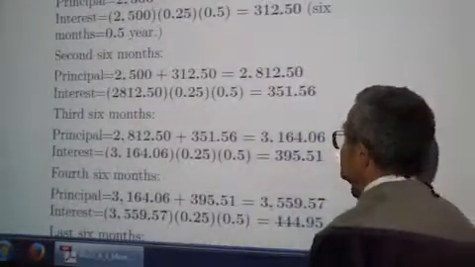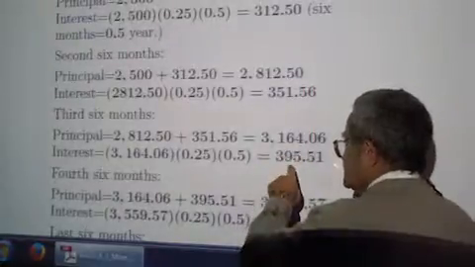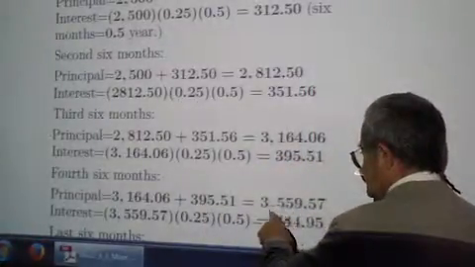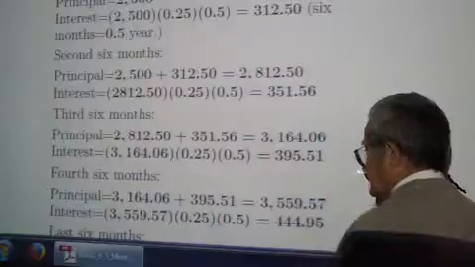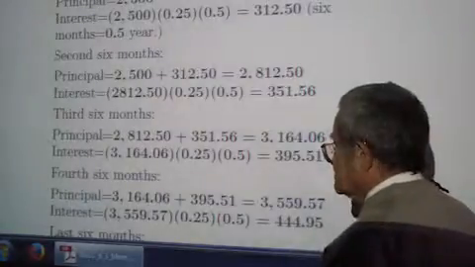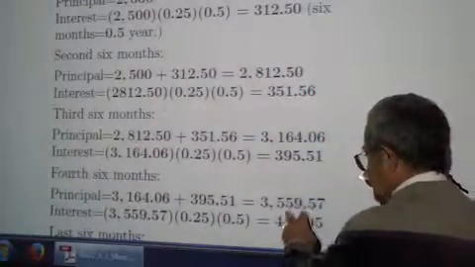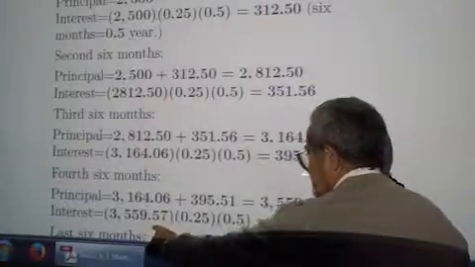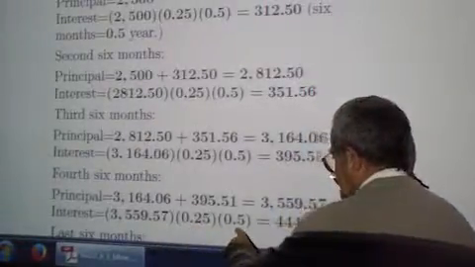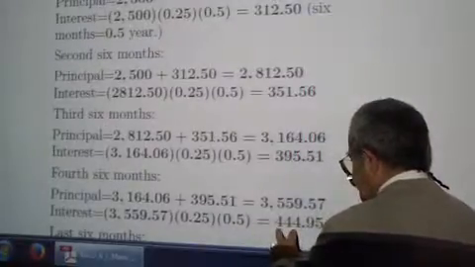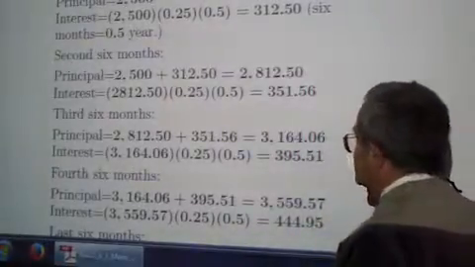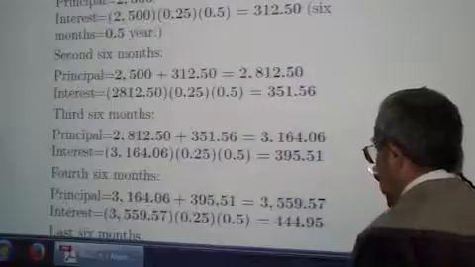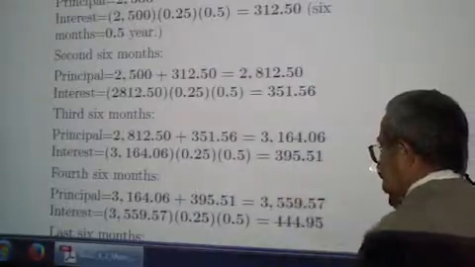Fourth 6 months, the principal plus the interest. The new principal is $3,559.57. The interest is taken on that principal, so $3,559.57 times 0.25 times 0.5, $444.95, more than the previous $395.51.